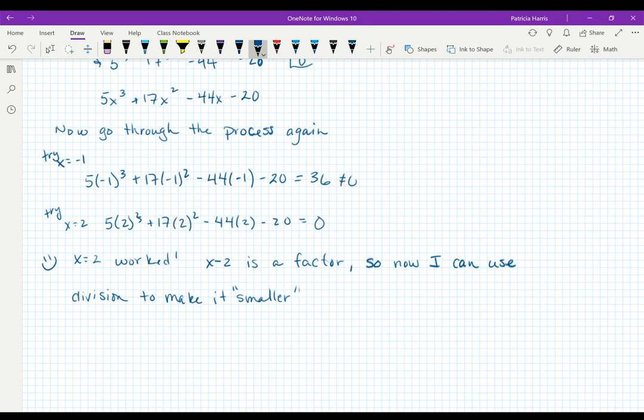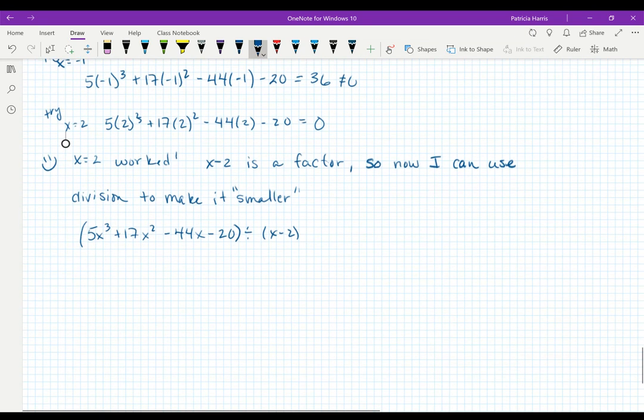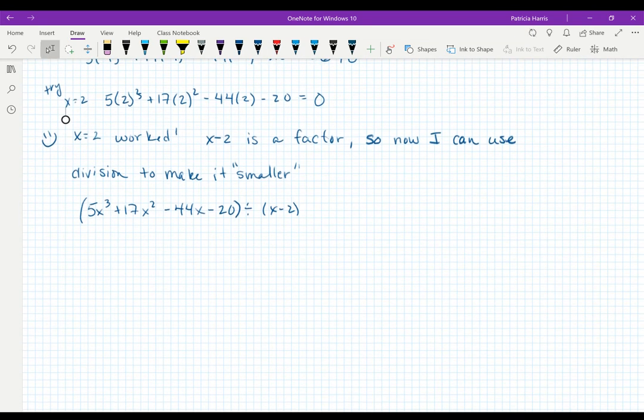Again, we're going to use synthetic division. I'm going to divide 5x cubed plus 17x squared minus 44x minus 20 by x minus 2. Again, we're going to use synthetic just because it's way faster than long division. If you want a lesson on that, I will be more than happy to make one.